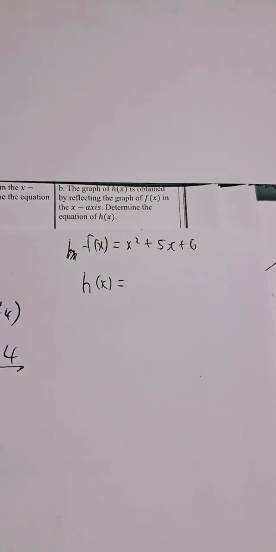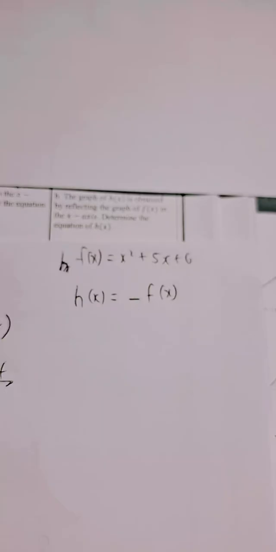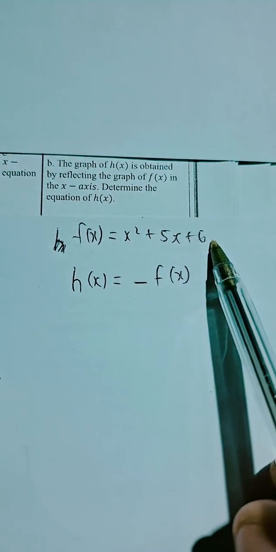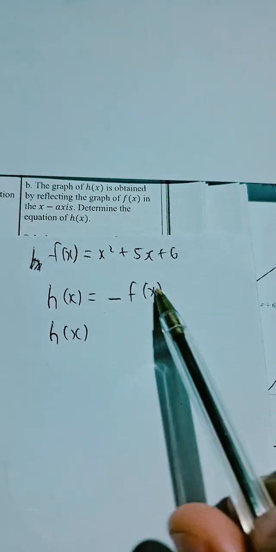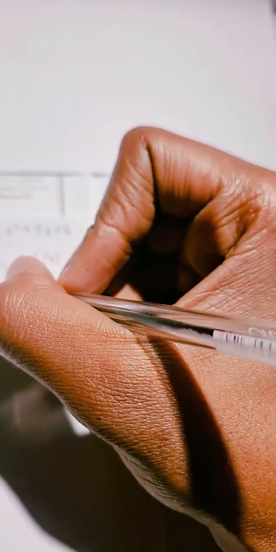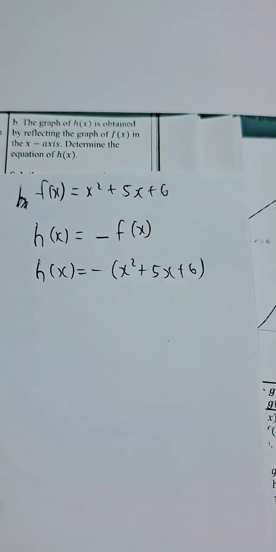So according to your functional notation, h of x is equal to negative f of x, right? This is f of x. So for h of x, we substitute in the place of f of x, x squared plus 5x plus 6 in brackets. Why in brackets? Because the negative sign must be applied to all the terms of the function.